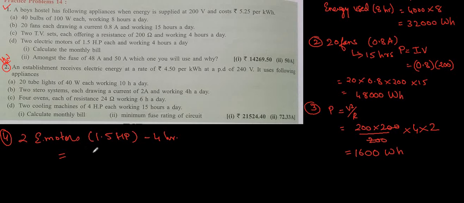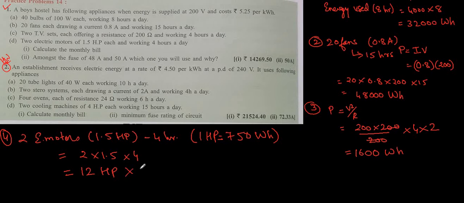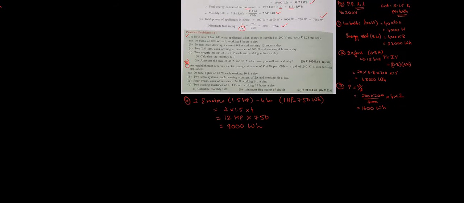So this is going to become what? 2 multiplied by 1.5 multiplied by 4 is equal to 12 HP. Now 1 HP is equal to 750 watt. So 12 multiplied by 750, that is going to become what? 9000 watt hour.